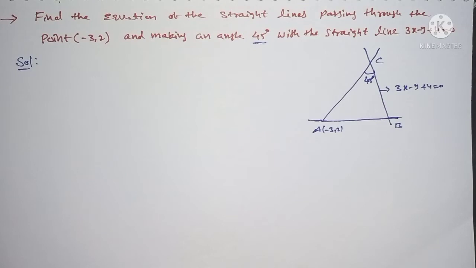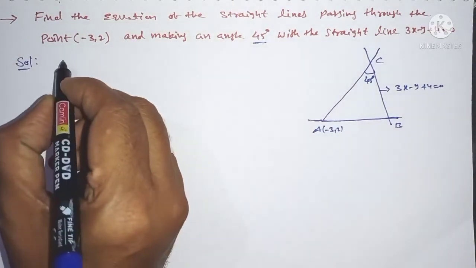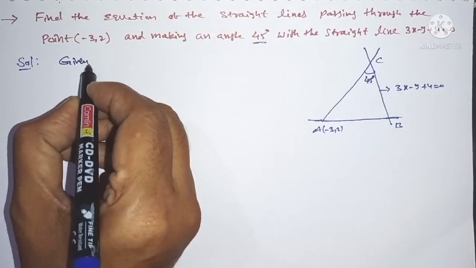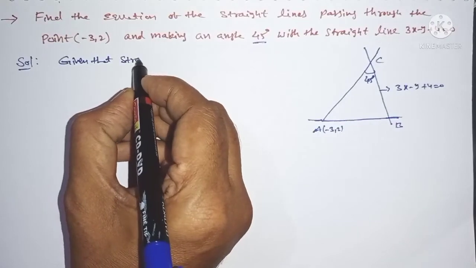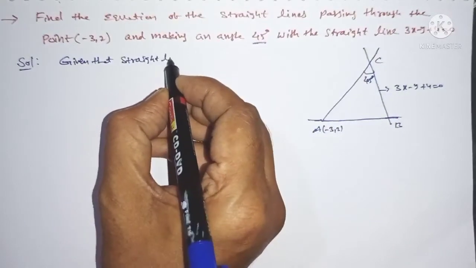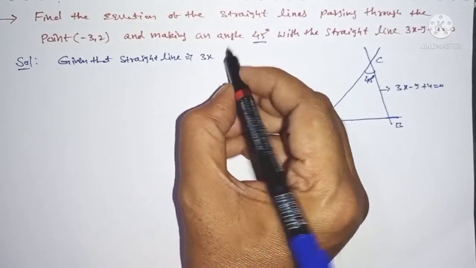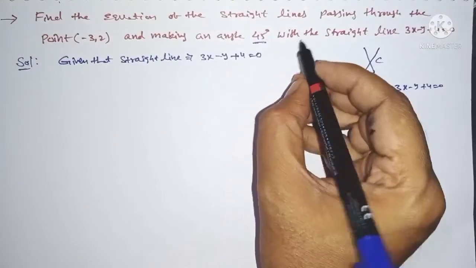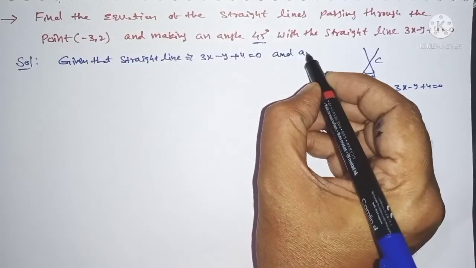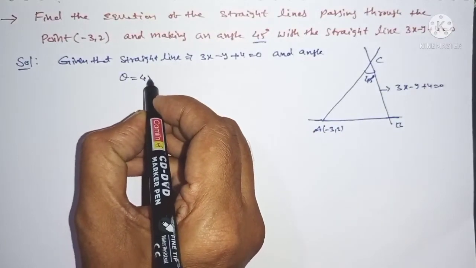This is the explanation. Your solution, observe here: given a straight line 3x minus y plus 4 is equal to 0, and the angle theta is equal to 45 degrees is given.